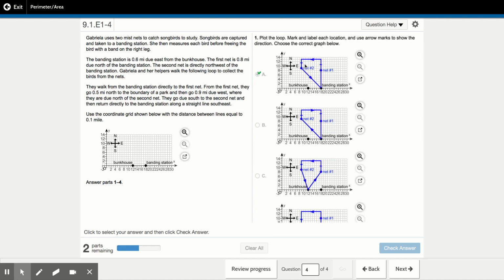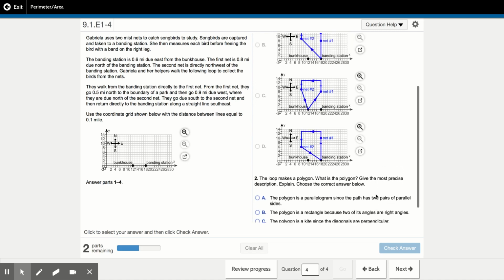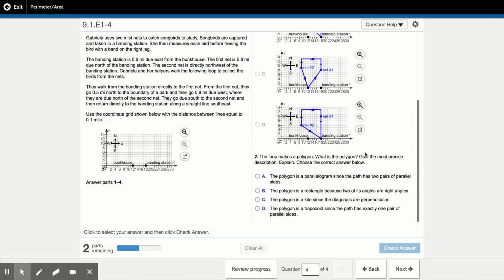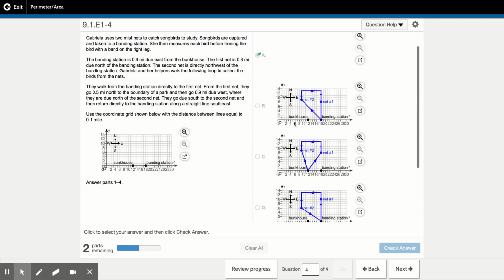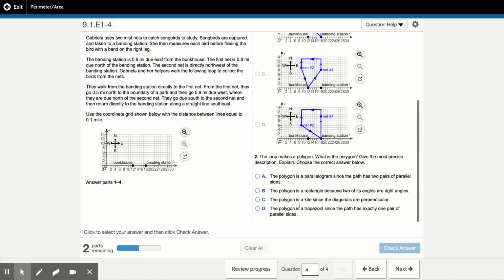Yes, these two are parallel. The polygon is a rectangle because two of its angles are right angles. Well, we notice that this is not a rectangle because a rectangle has four right angles. C, the polygon is a kite since the diagonals are perpendicular. No, we don't have diagonals that are perpendicular, so it cannot be a kite.